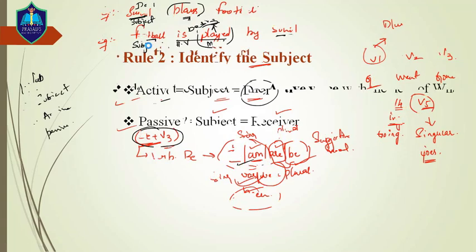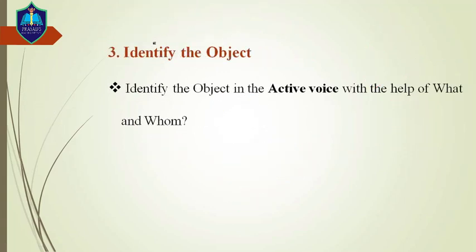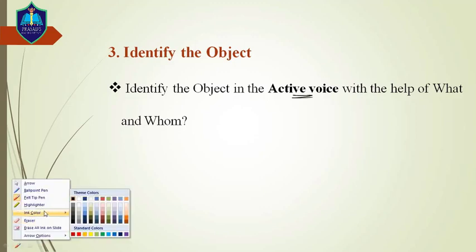Moving towards the next: we have to identify the object. First you are going to identify the verb, then the subject, and next you have to identify the object. So how to identify the object? The very first thing is to identify the object in active voice with the help of what and whom.